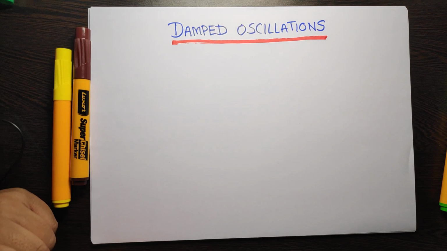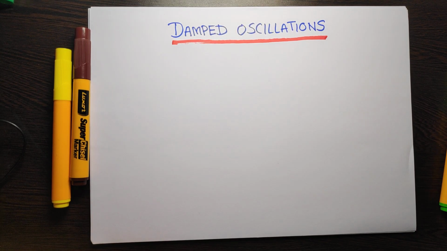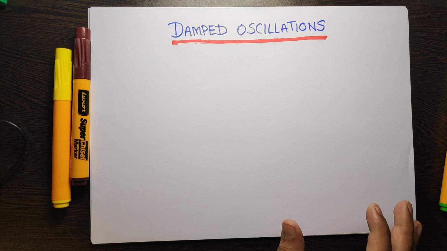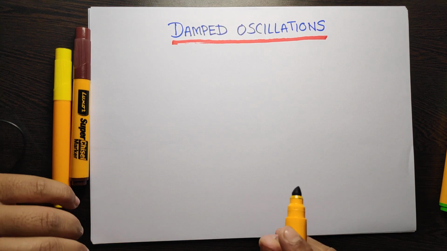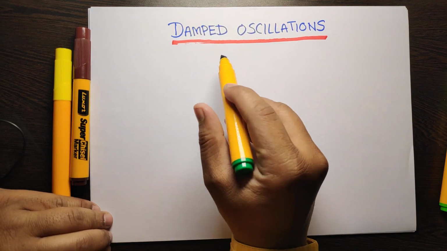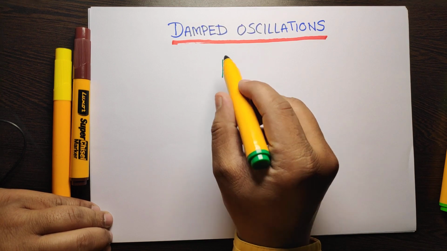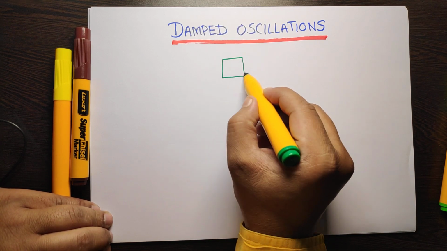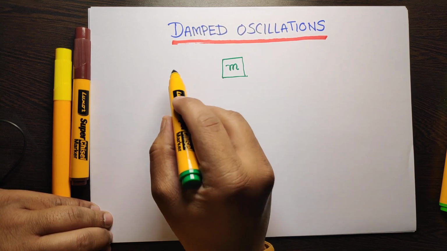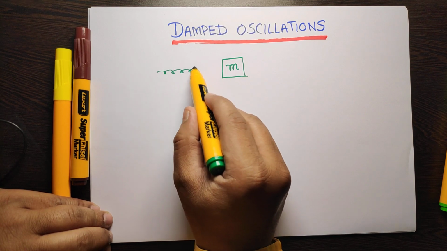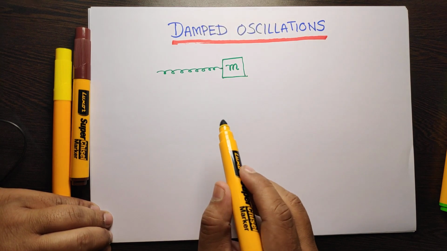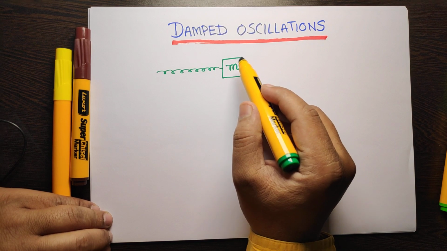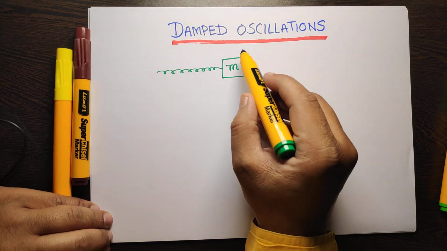So we will learn about damped oscillations now. Till now we have dealt with rather free oscillations. Free oscillations means, say there is a body, let's suppose this is a block, and a force similar to a spring force that only acts on the body.